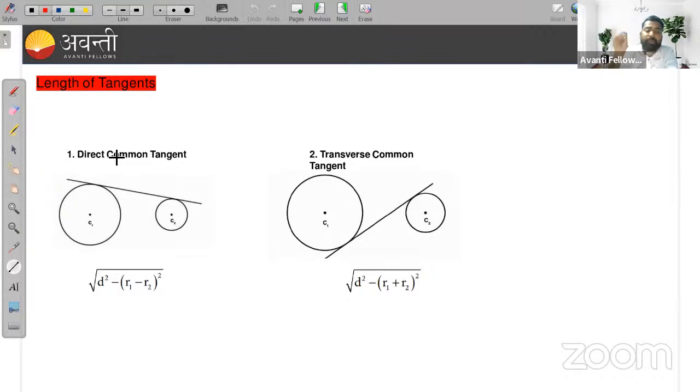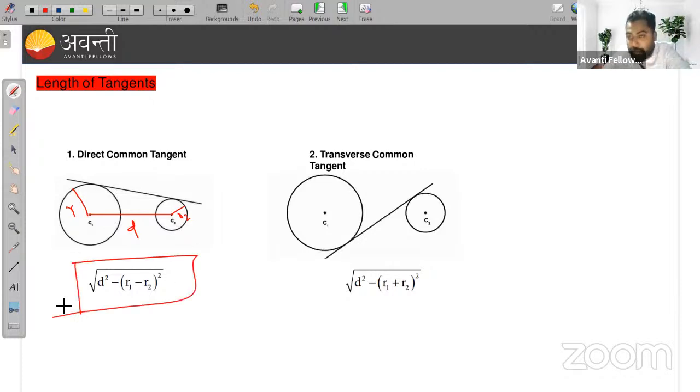So what is d here? d is the distance between the centers, that is this. This is my d. Suppose this is my R1 and this is my R2, then the length of the direct common tangent will be under root of d square minus (R1 minus R2) whole square.